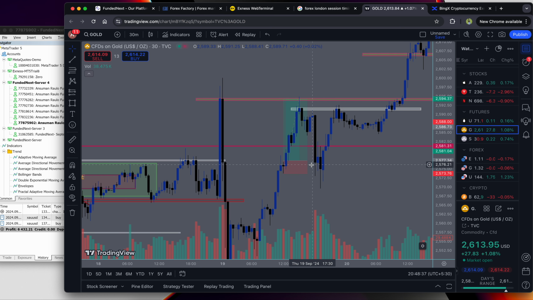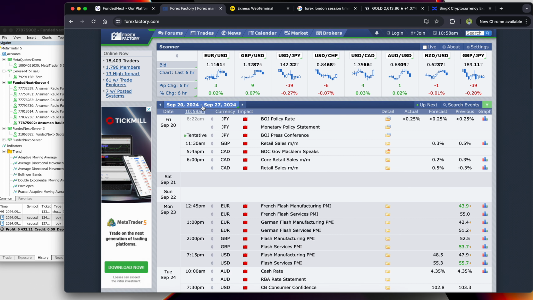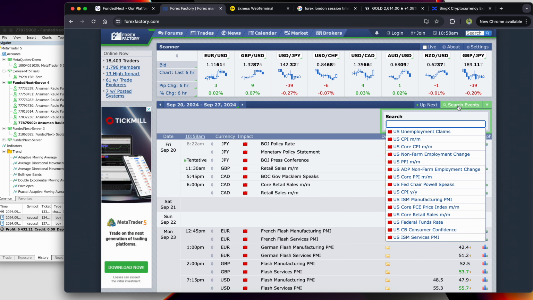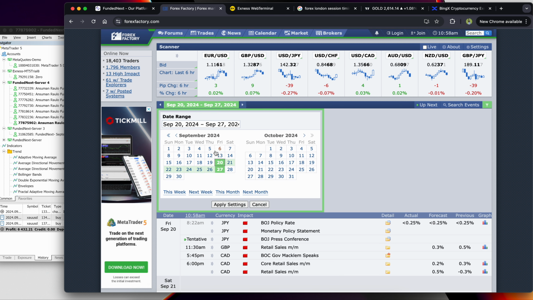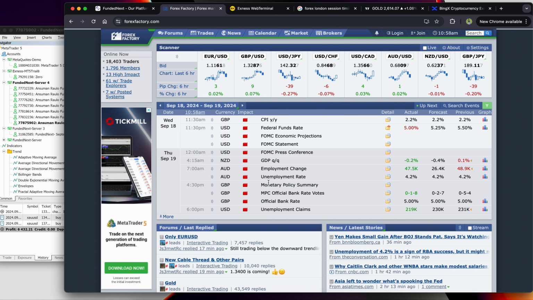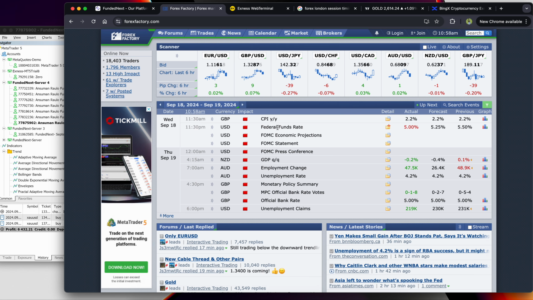The reason behind taking this trade was, as we know, let me show you the history. I guess yesterday or the day before yesterday, there was a federal interest rate cut announced, and according to fund rates, on September 18th.